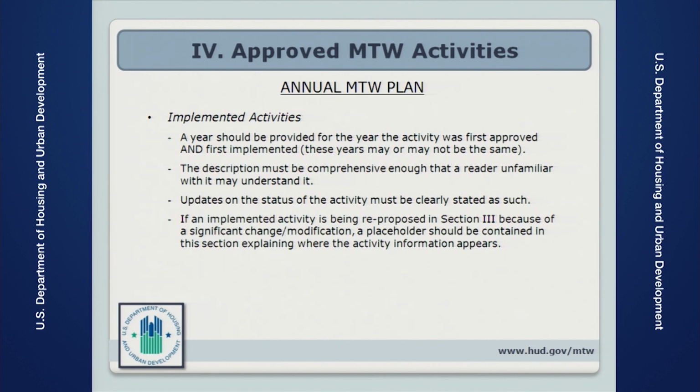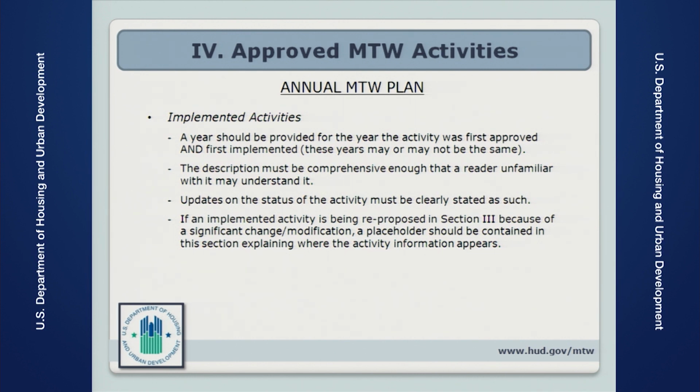And if you have an implemented activity that you are reproposing, so you're moving it back to Section 3 because you have a significant change or modification, a placeholder really could go in this section to note that that activity belongs here, it's approved, but that you have taken it back for reproposal because you are changing it significantly.